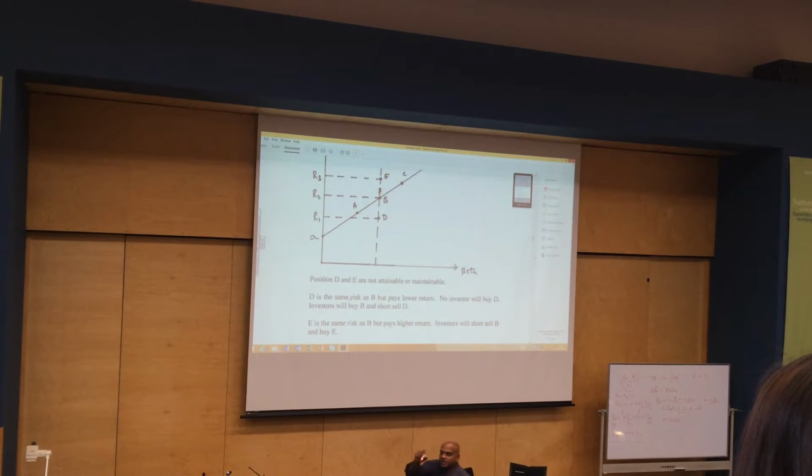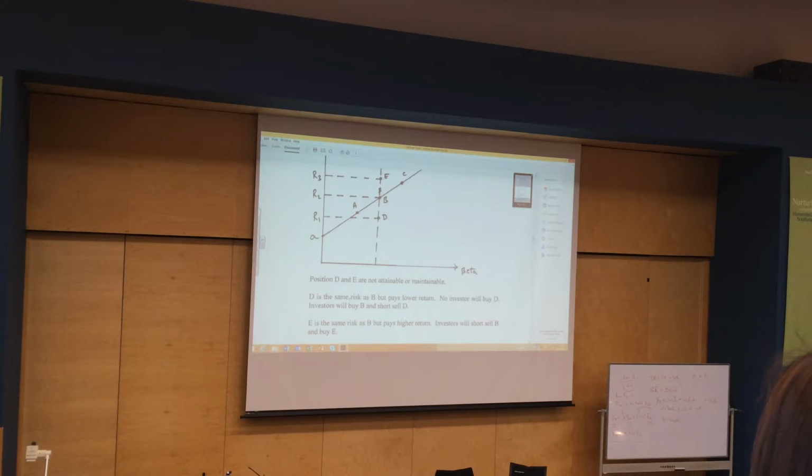Suppose an asset was on B and jumps to E. What will happen? For some reason, the asset was sitting on the line, falls off and ends up in position E. For a short duration of time, a few hours, a couple of days, the market is in disequilibrium.